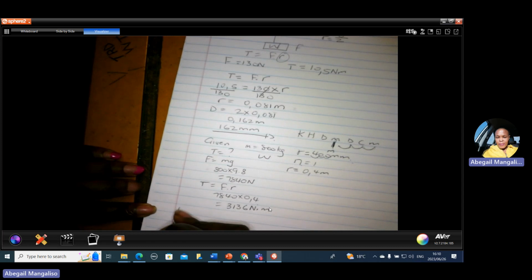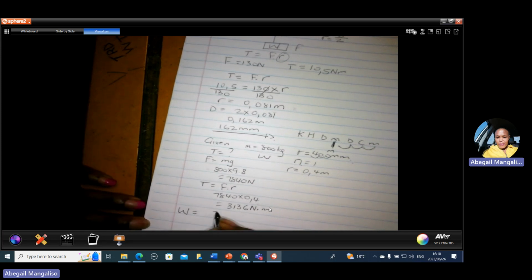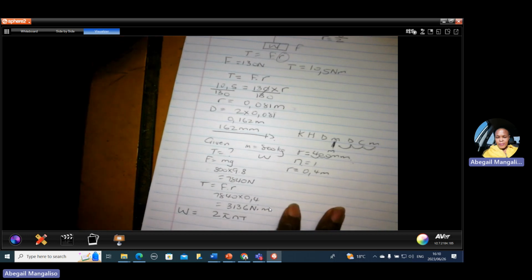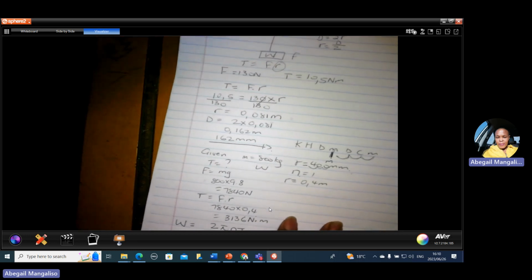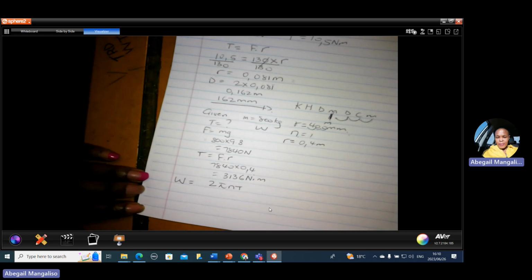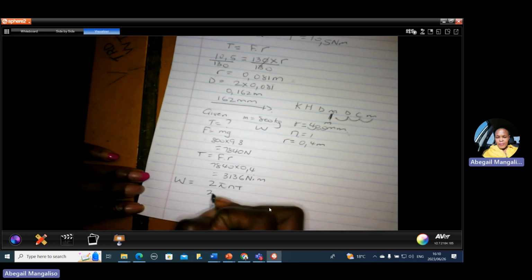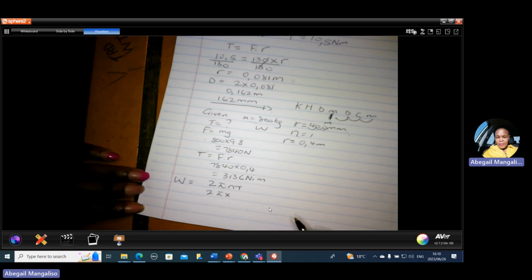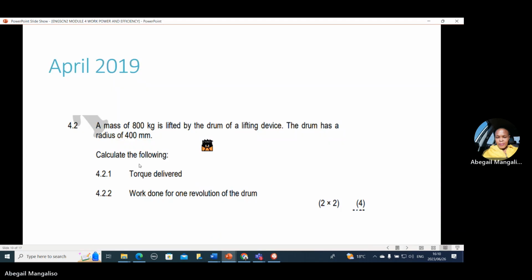Next the question says calculate work done for 1 revolution. Work done, which is W, is given by 2 pi nT. That is the formula to calculate work done by torque. So it will be 2 pi, N is 1. Let's look at the question again: calculate the work done for 1 revolution of the drum.